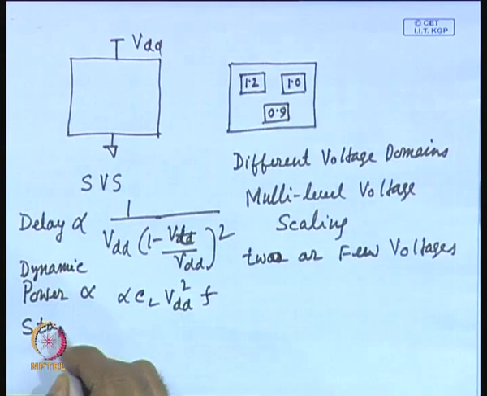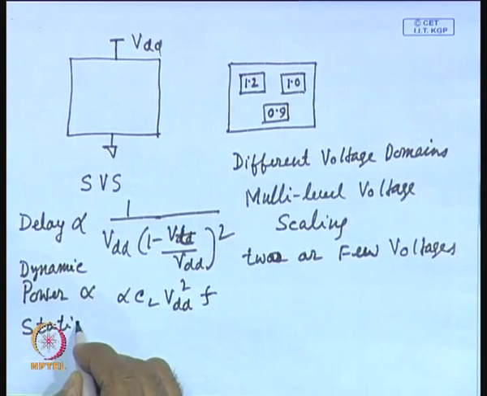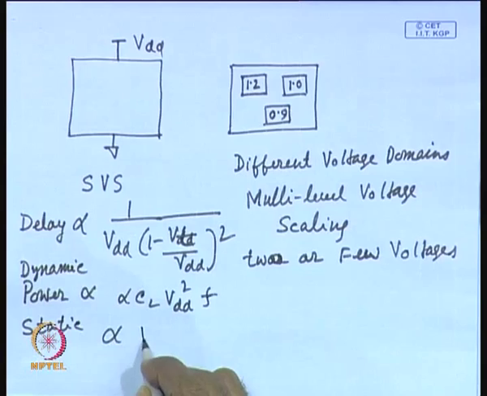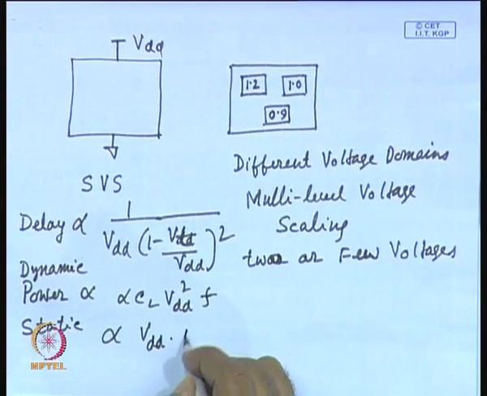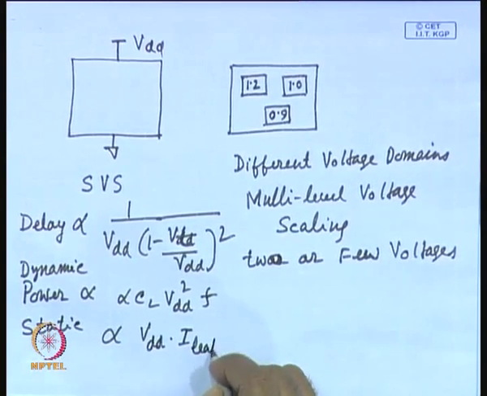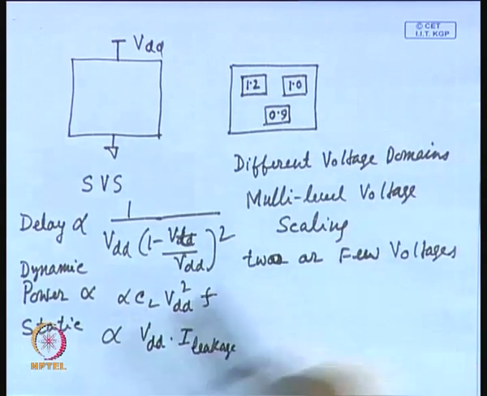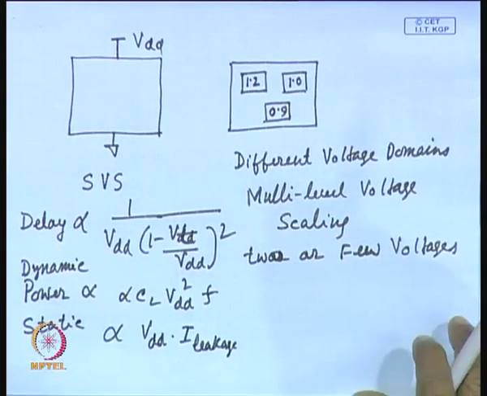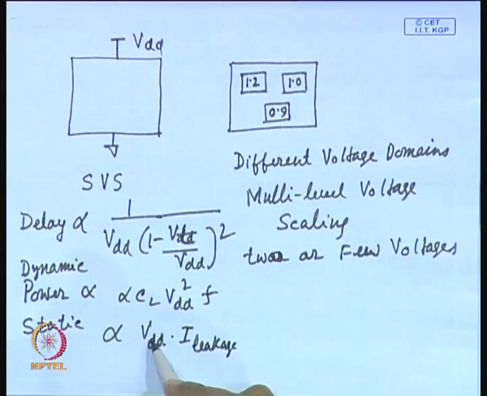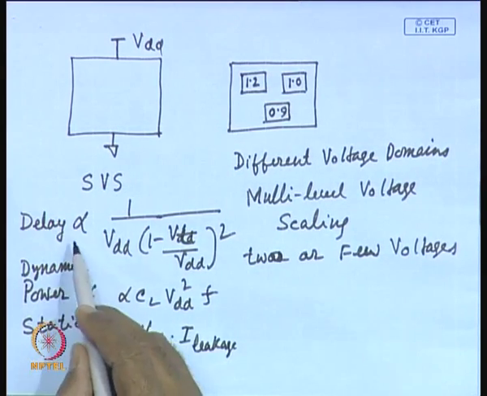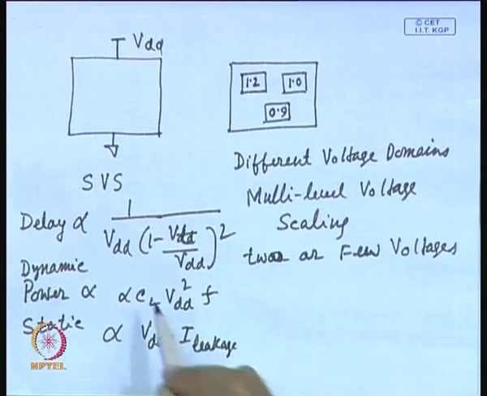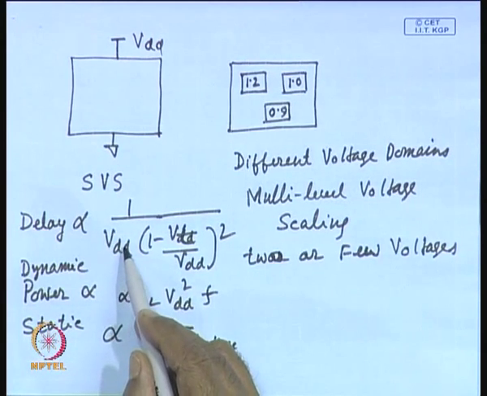As you know, static power dissipation is proportional to VDD into I leakage, and the leakage current can also be dependent on voltage, and as a consequence the power dissipation increases as voltage increases, and delay of course reduces as the voltage is increased.